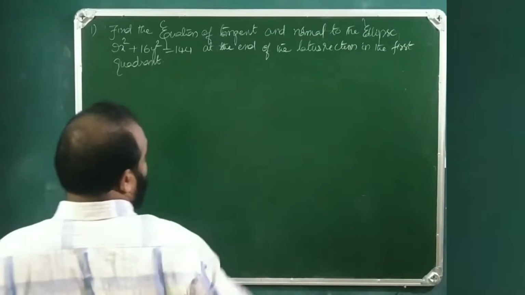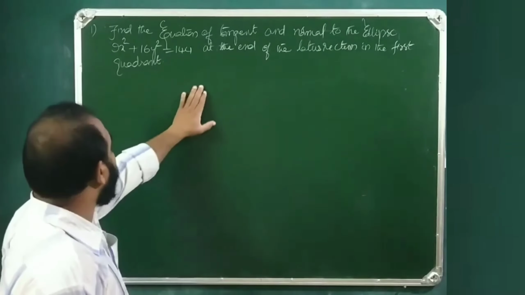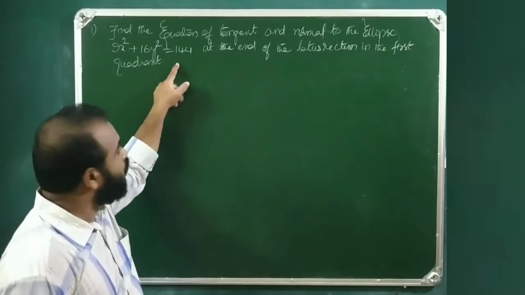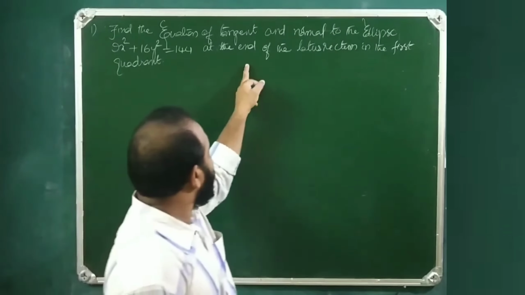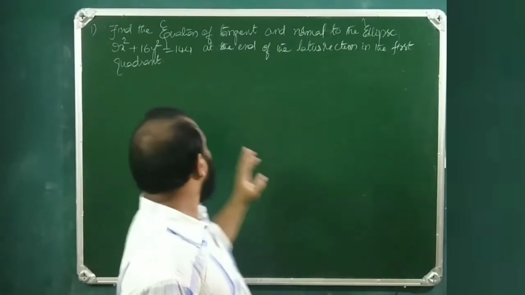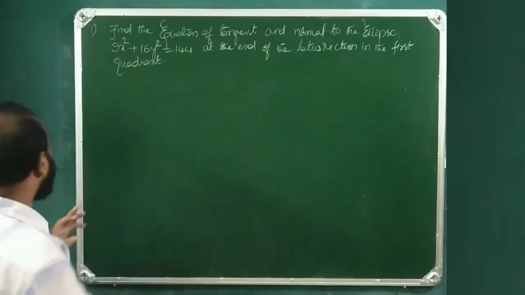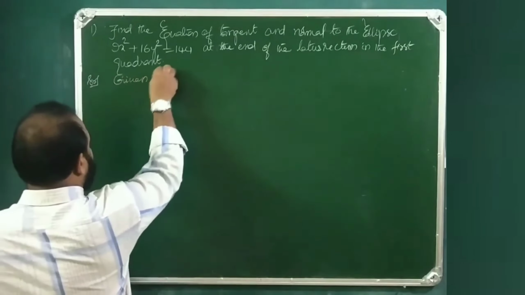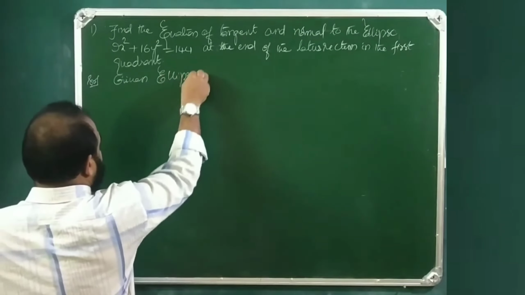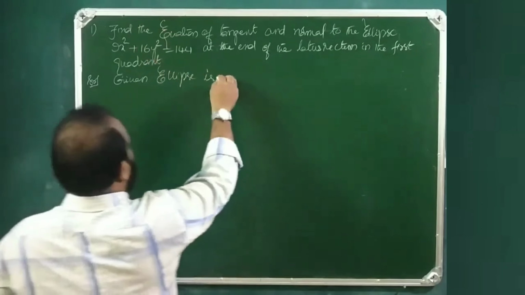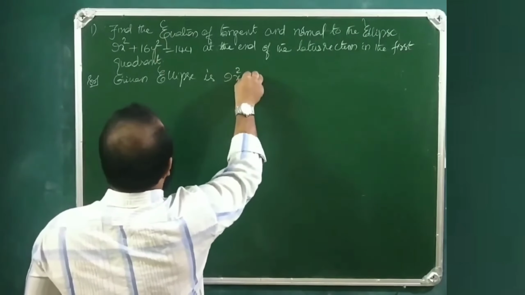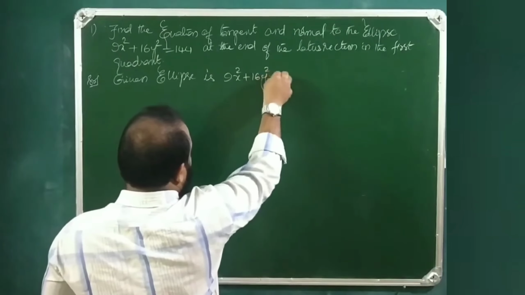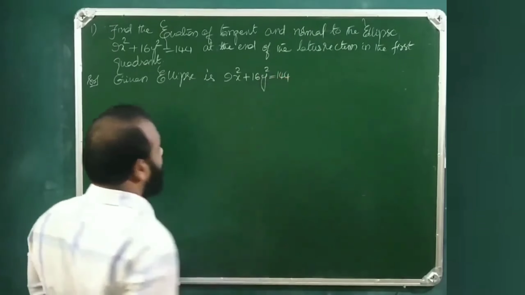Find the equation of the tangent and normal to the ellipse 9x square plus 16y square equals 144 at the end of the latus rectum in the first quadrant. First of all, the given ellipse is 9x square plus 16y square equals 144.